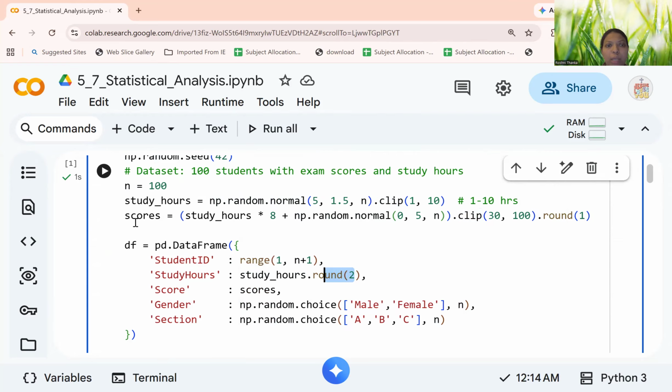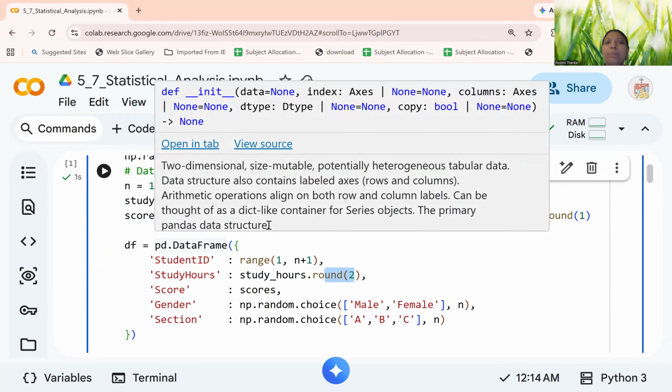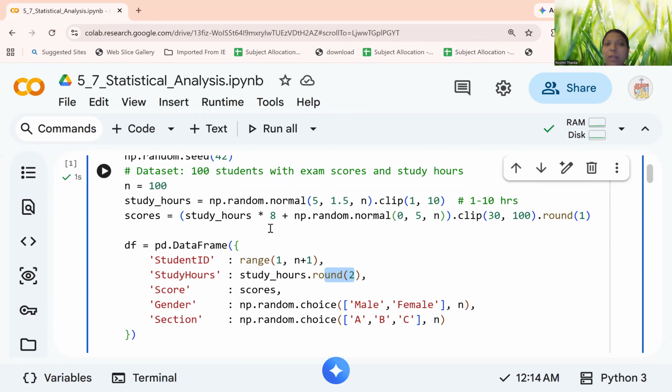And for scores, that also we are going to generate randomly, because, for example, if a student is studying more, the score will depend on that, no? So for that, we are going to take the study hours, multiply by 8, and we are again going to use a random normal distribution to generate a little noise, because everybody's study pattern differs.